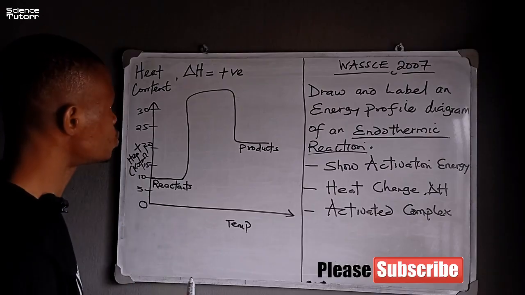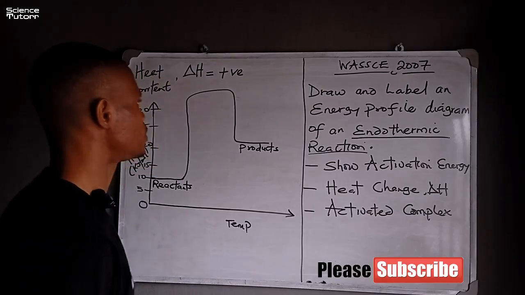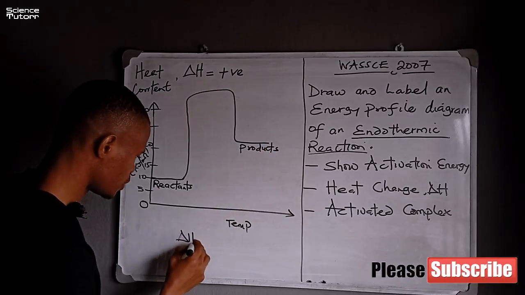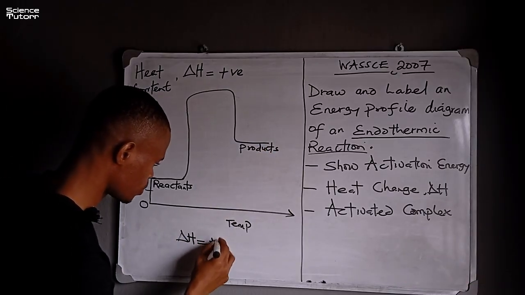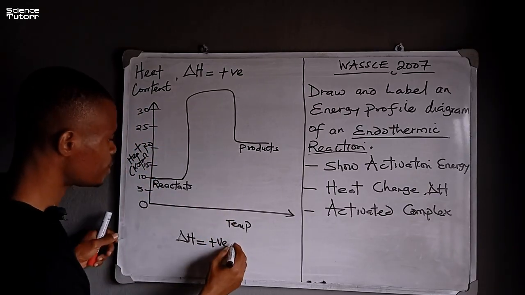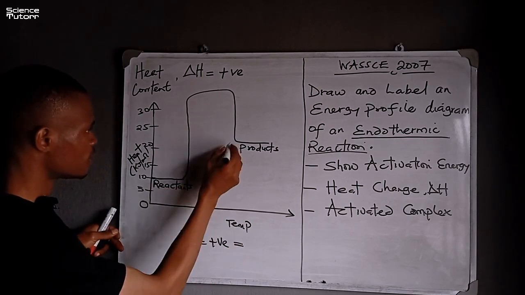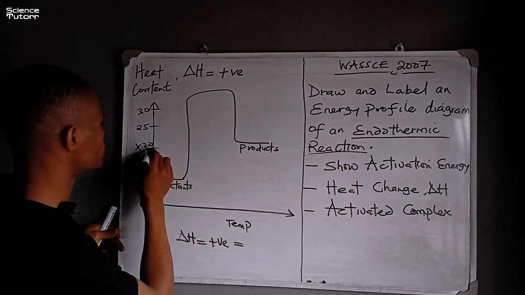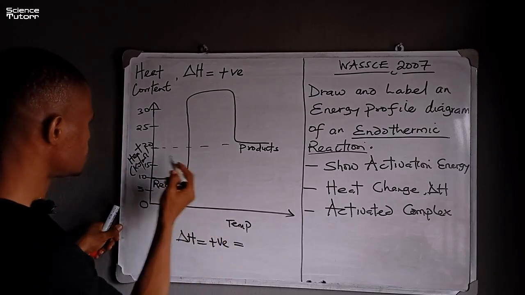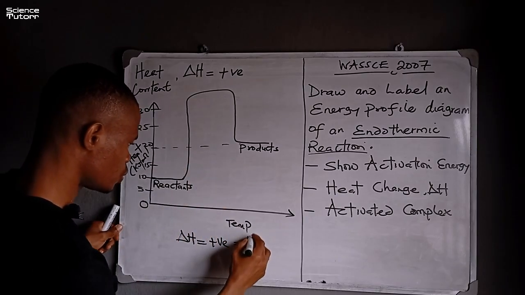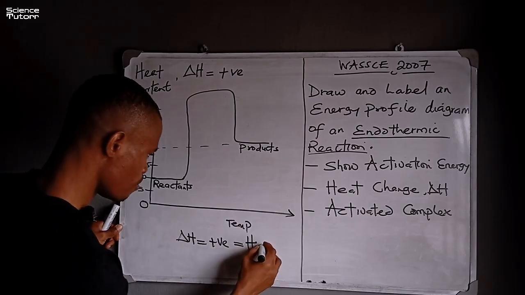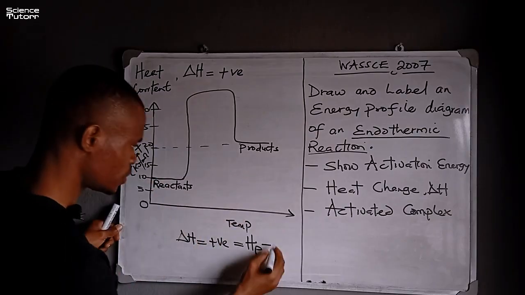Now, for endothermic reaction, this is the rule. Delta H, like we said earlier, is positive. And for us to attain a positive value, it simply means that, let's take this value to be 20, the heat content for product, minus that of the reactant, which is 10.